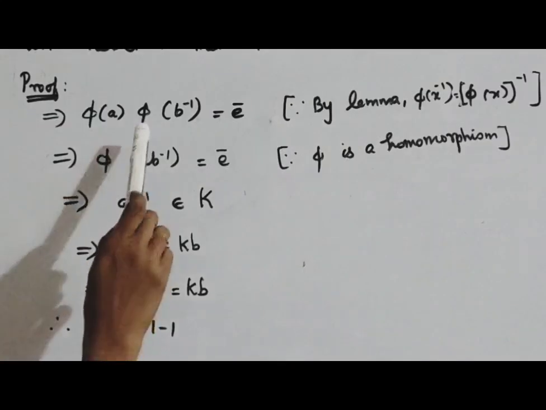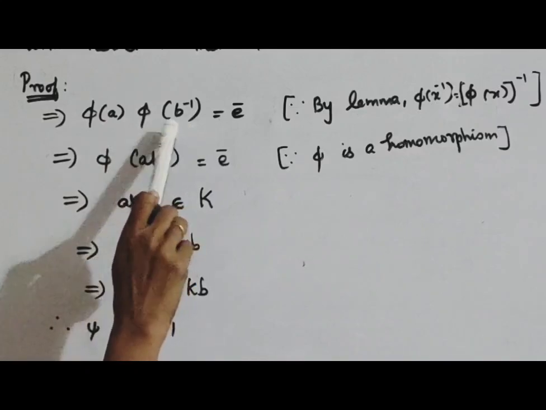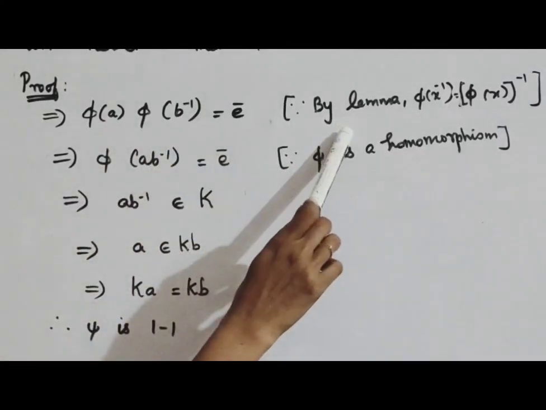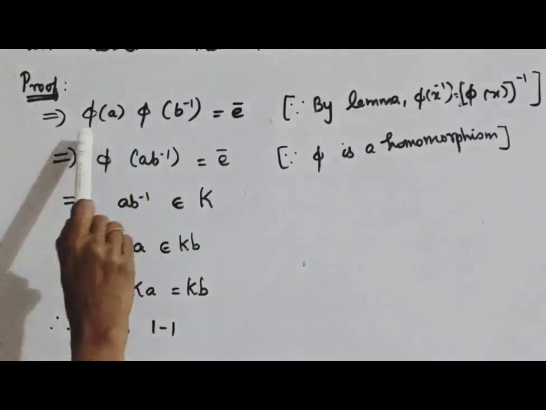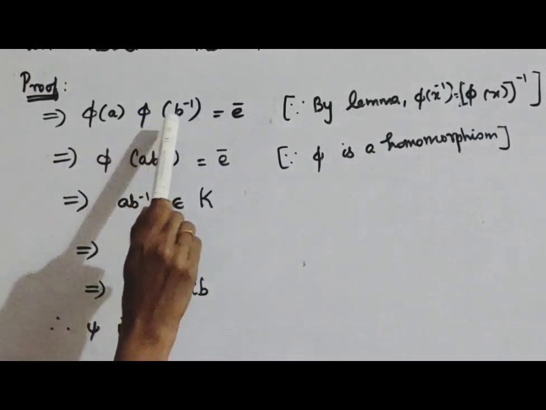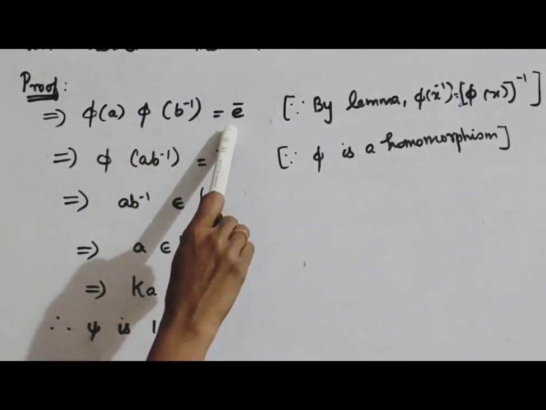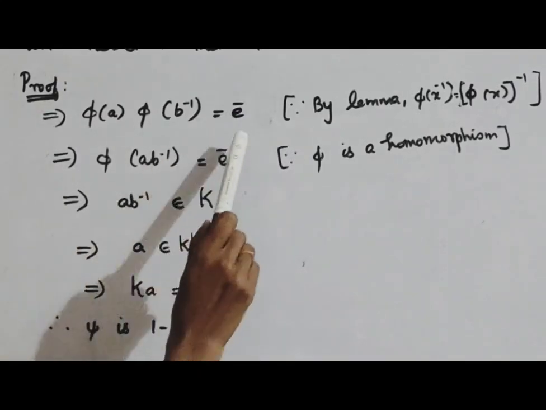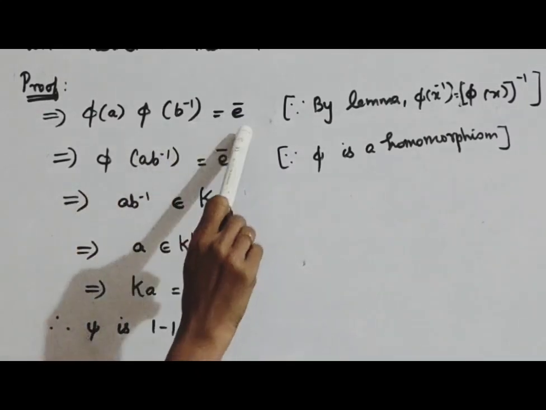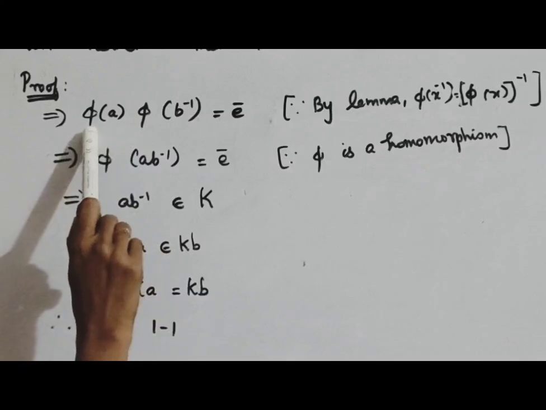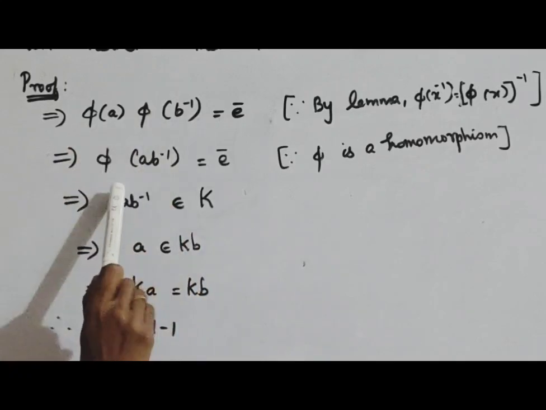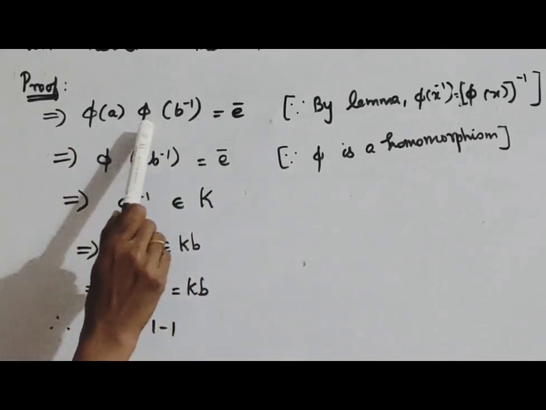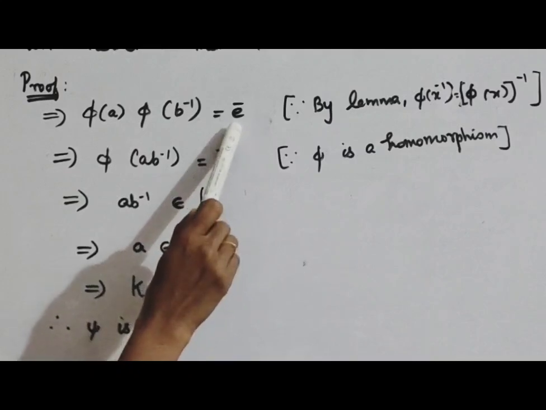Phi of b the whole inverse can be written as phi of b inverse by using the lemma we already proved. Therefore, phi of a into phi of b inverse is equal to, here phi of b into phi of b the whole inverse can be written as E bar. It's the identity element in the G bar group, right? Since phi is a homomorphism, this can be written as phi of a b inverse is equal to E bar.